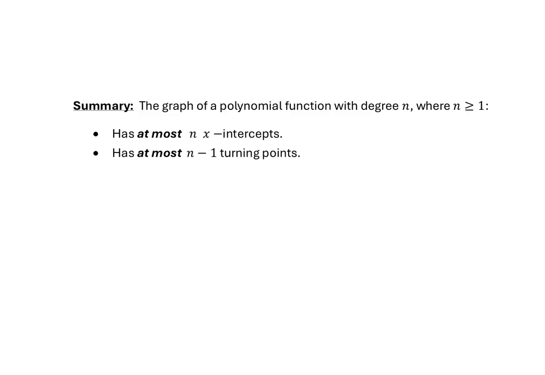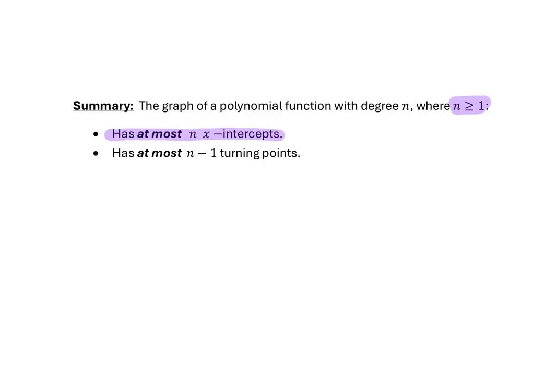All right, so if we are given a polynomial function with degree n, where n is greater than 1, then what we have, and this is about all that we can say about it, is we have at most n x-intercepts. If you have a degree 7 polynomial, you will have at most 7 x-intercepts.